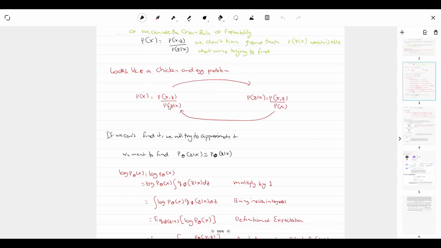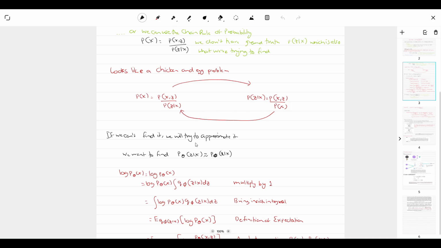Also, this intractability leads to a classic chicken and egg problem. To calculate the likelihood p(x), we need the posterior distribution p(z|x), meaning the probability of the code given the data, which we can find using Bayes' theorem. But notice that p(x) itself is in the denominator. So to calculate p(z|x), we need p(x), which is the very thing we found to be intractable. We can't find one without the other.